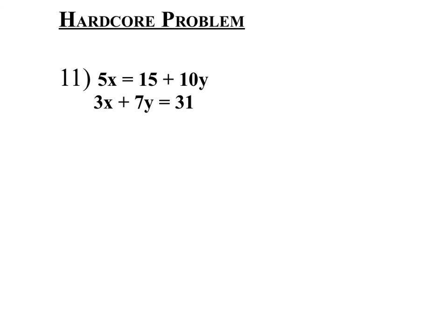Okay? But make sure you divide each and every term by that value. Okay? Then once you get that by itself, whatever that's equal to gets substituted in for that variable in the other equation. I'll let you try this one on your own. Good luck and have fun.